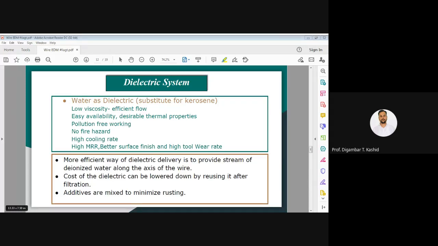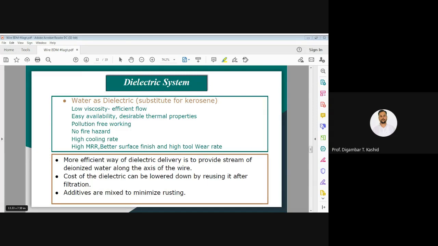So already during the EDM process, I told that deionized water is used as a dielectric. Actually, during the working principle, I told that deionized water is used as a dielectric fluid in case of this wire cut EDM process, or wire EDM process. It is actually a substitute.